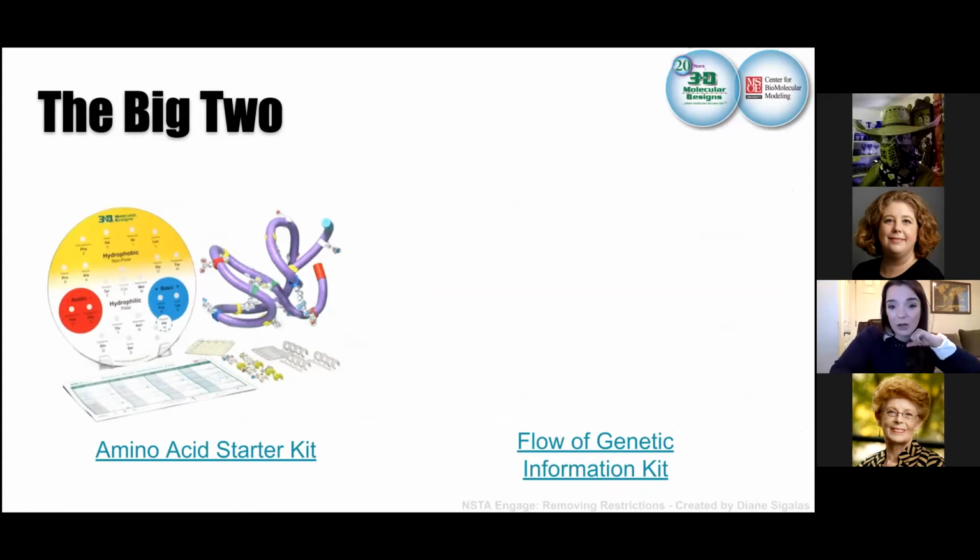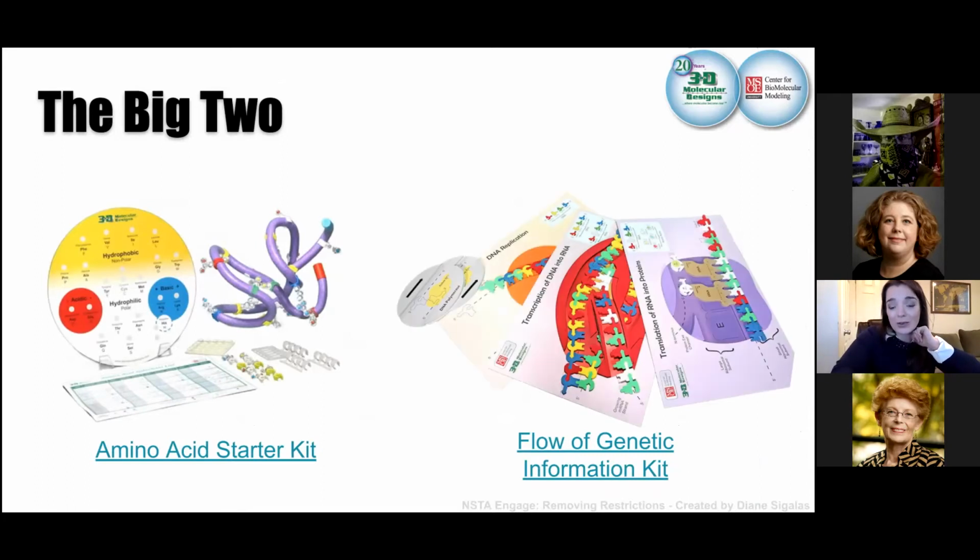This one right here, I use all the time within my classes. Love this. The other one that I use is their flow of genetic information kit. Then there's a bridge one where you can connect the 2. This is everything I do with what was my marking period 1 that has now, thank you, Rona, been blown up and thrown to shreds, but it's okay.